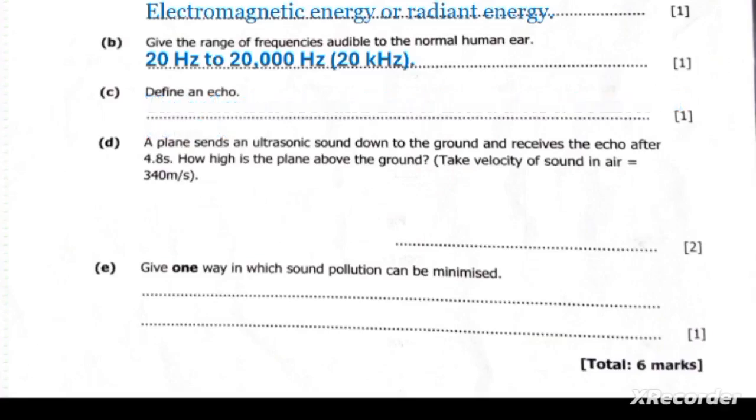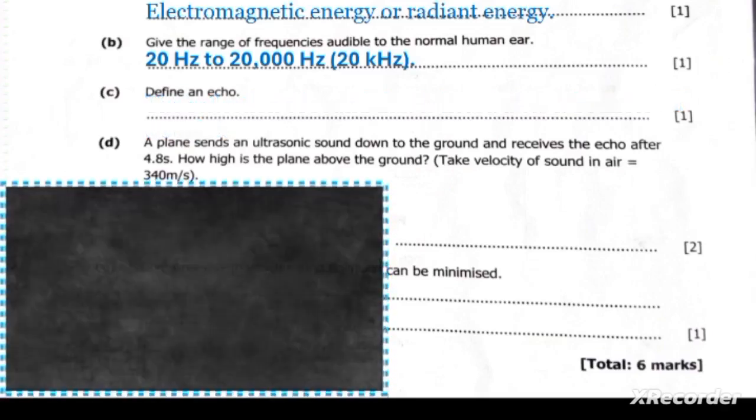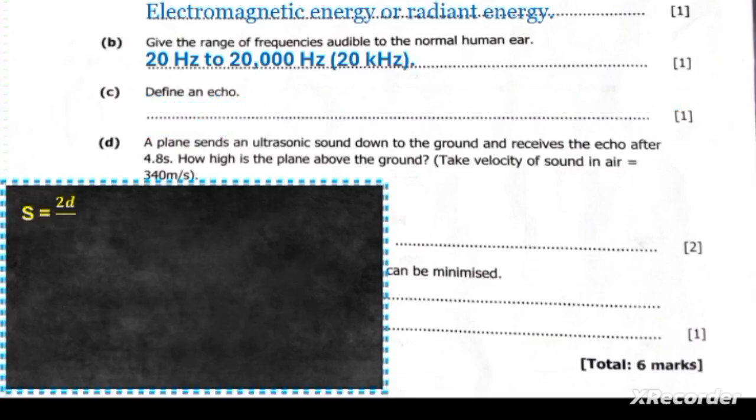So to answer this question, we say the speed of an echo sound is equal to 2 times distance divided by time. Why are we saying 2? Because the sound is covering 2 distances. The sound is bouncing back.